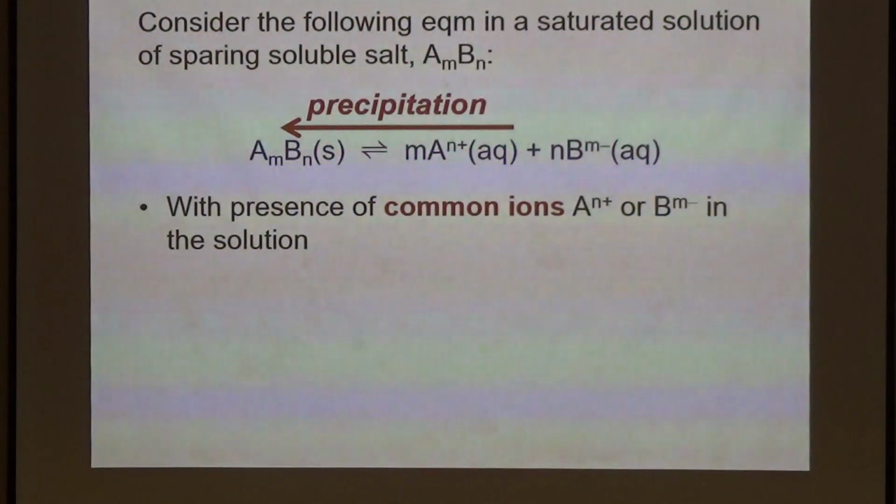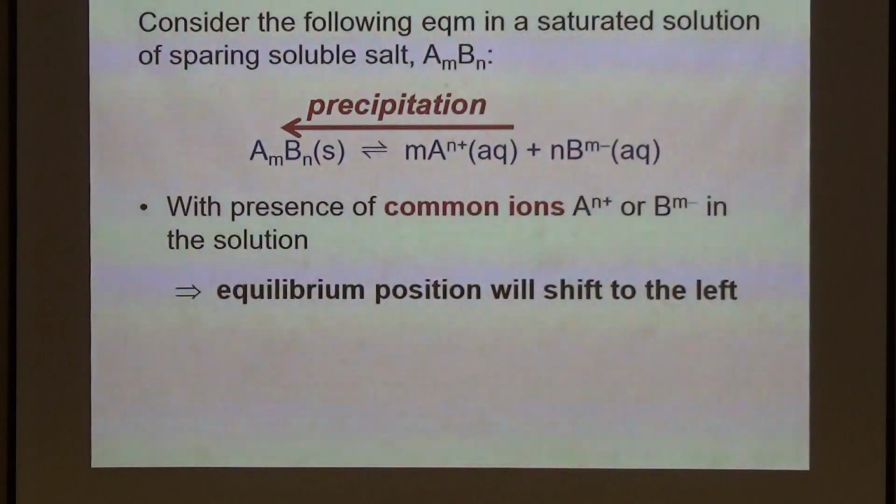When I say A and B, I mean A and B from a different source. For example, if I have silver chloride, I can add extra chloride by adding sodium chloride, which is very soluble. The result will be that precipitation will occur, because the equilibrium will shift to the left.